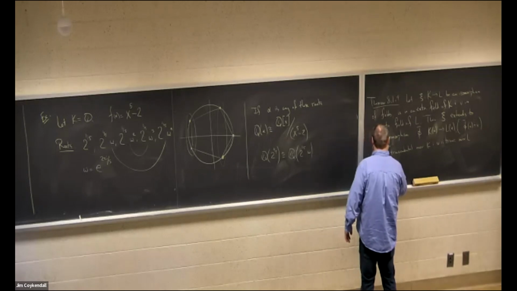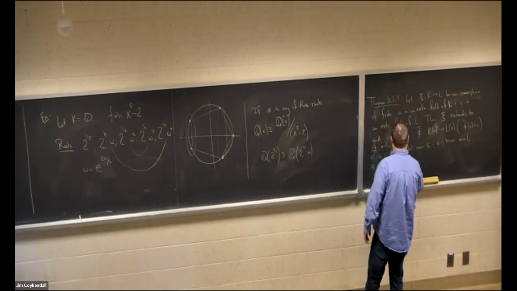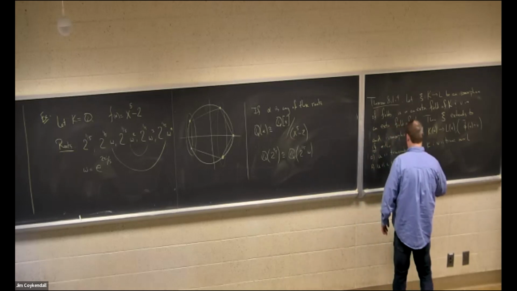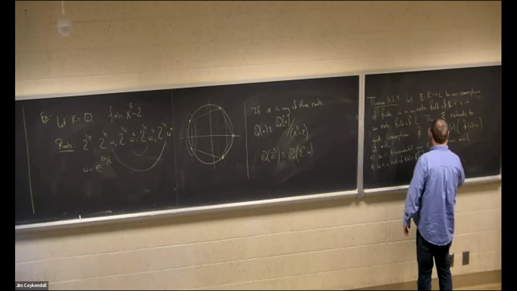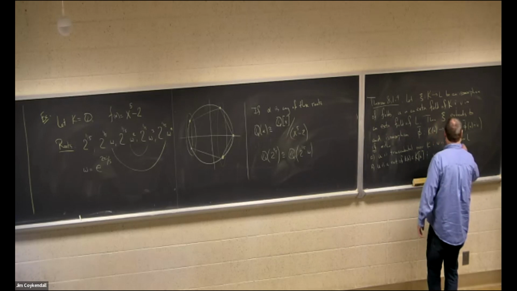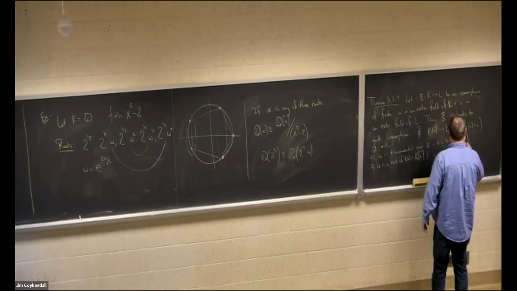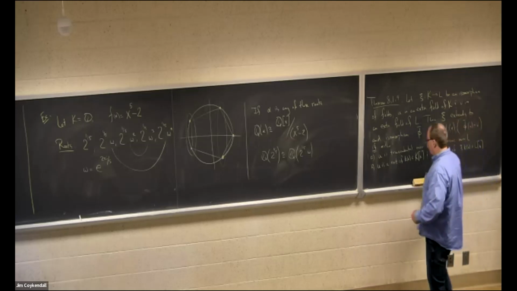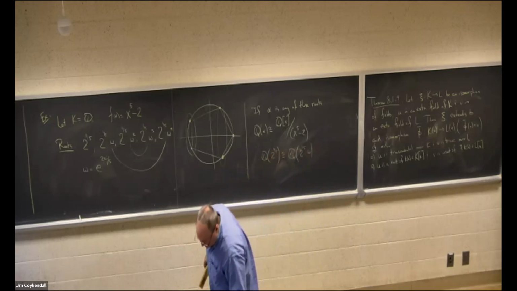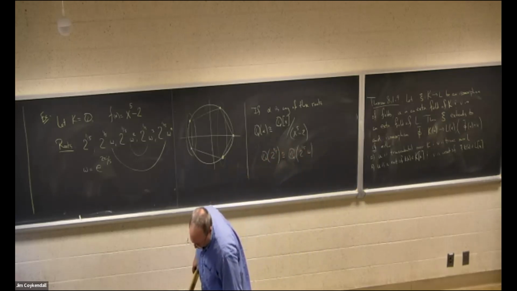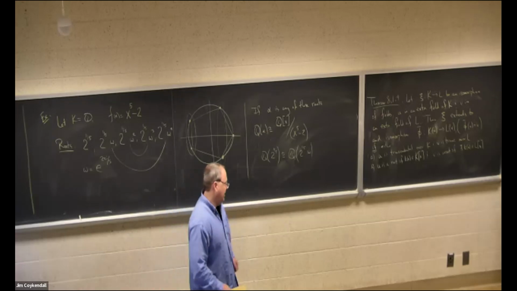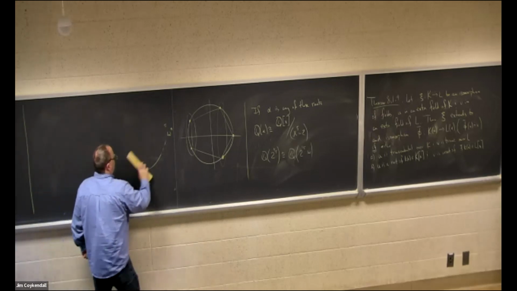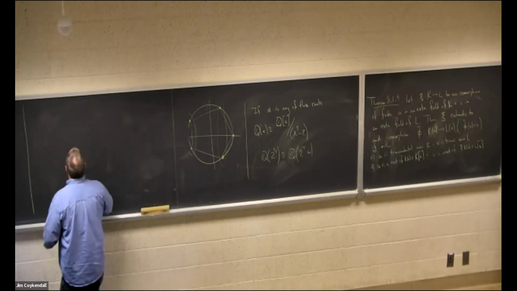u is a root of an irreducible polynomial k of x, and v is a root of its image polynomial. Let me clarify what I mean by that, because that's kind of sloppy notation, since the original isomorphism is only defined on the base field.